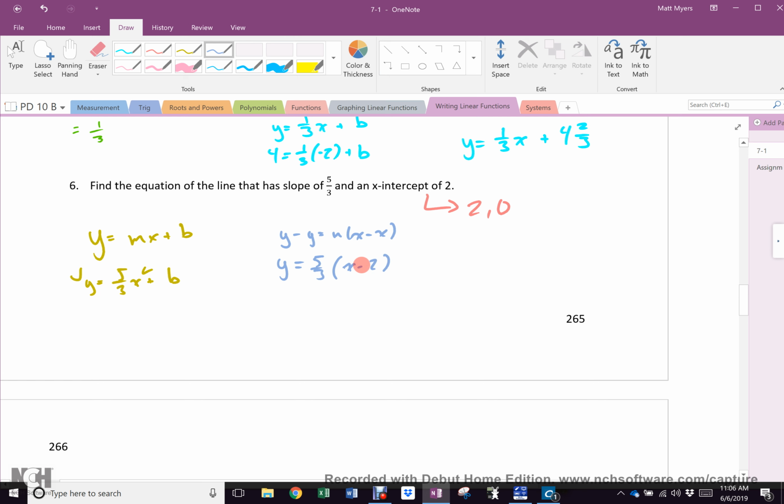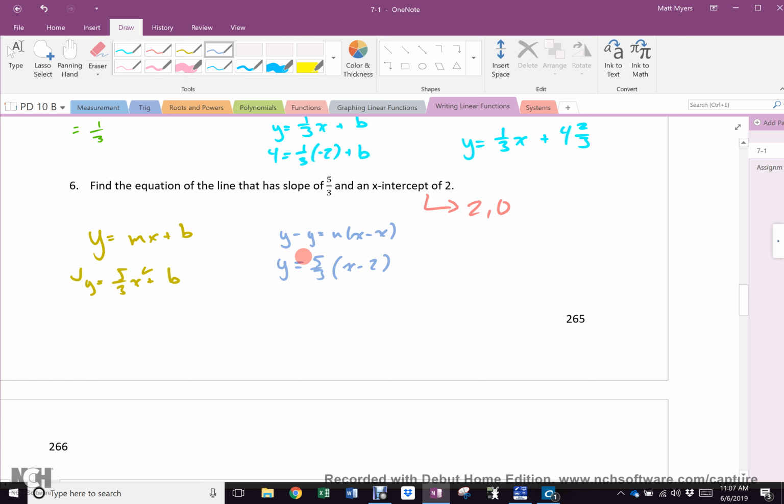And then if I get rid of the brackets, am I in slope-intercept form? Or am I already done right there? That's an equation. Is it in one of our recognized forms? Yeah, because that's point-slope form, isn't it? Because y minus 0 is just y.